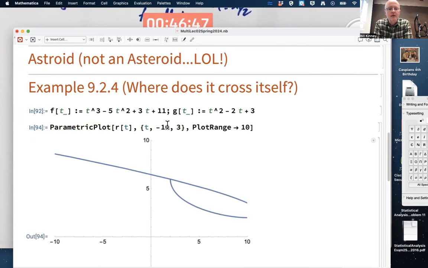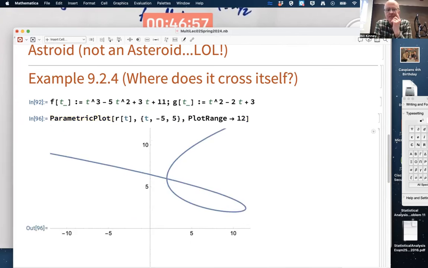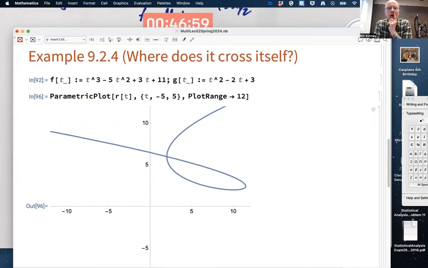Oops. I guess I need to go further the other way. There's a static plot of it. I believe the motion, you can't see my hand here, is this way and around this way. It does touch itself. How do you figure out where this is?